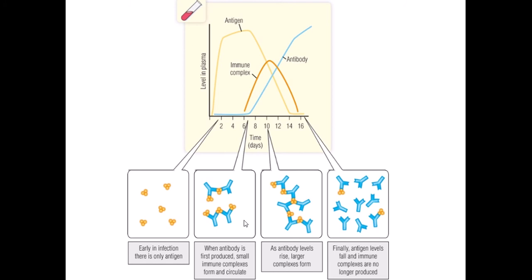When they are in optimal proportion, we call that in precipitation the zone of equivalence, or the zone of optimal proportion, where a large amount of immune complexes are going to take place. When you have a very high antibody level, or a very high antigen level, at those extremes, usually the amount of immune complexes is not that high.